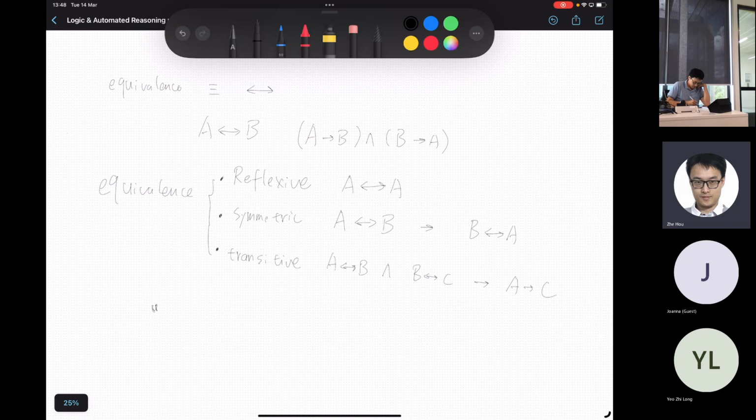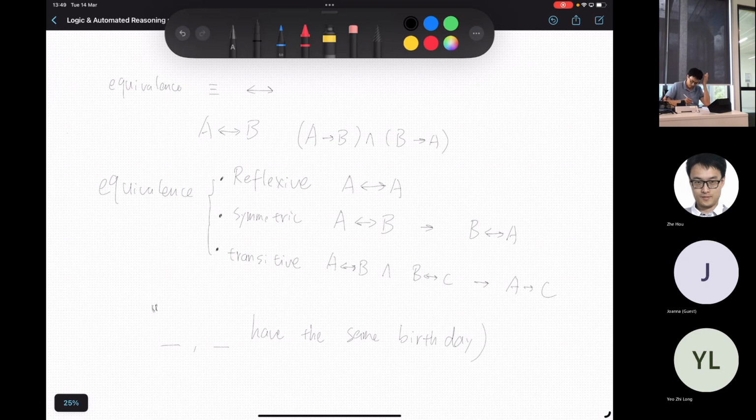Let's say somebody and somebody else have the same birthday. It's a binary relation because there are two blanks in this statement. And I claim that it's an equivalence relation, because it satisfies the three properties.